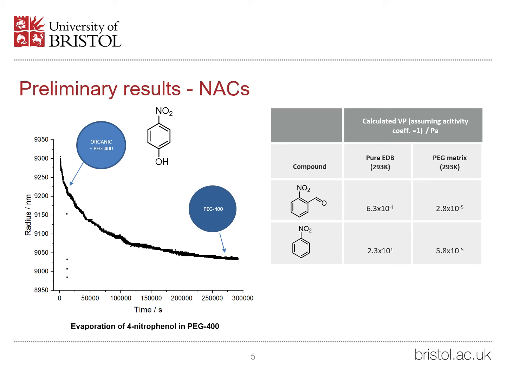And you can see that there's a 5-6 order of magnitude suppression in the vapor pressure when I'm dissolving it in the PEG matrix compared to the pure, and you see very similar things for nitrobenzene. So this is really indicating that I'm forming some very strong interactions between the PEG 400 and the nitro compounds.